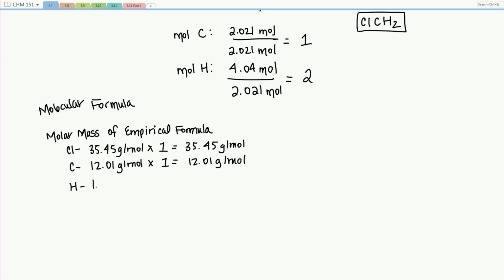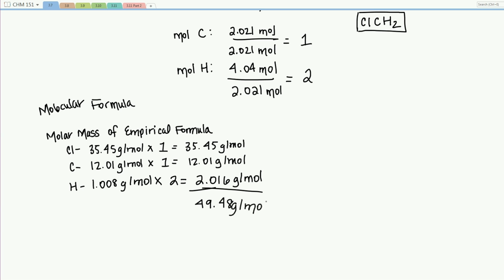Then lastly, hydrogen is 1.008 grams per mole times 2 hydrogens equals 2.016 grams per mole. So if we do that math and round, we get an empirical formula mass of 49.48 grams per mole.